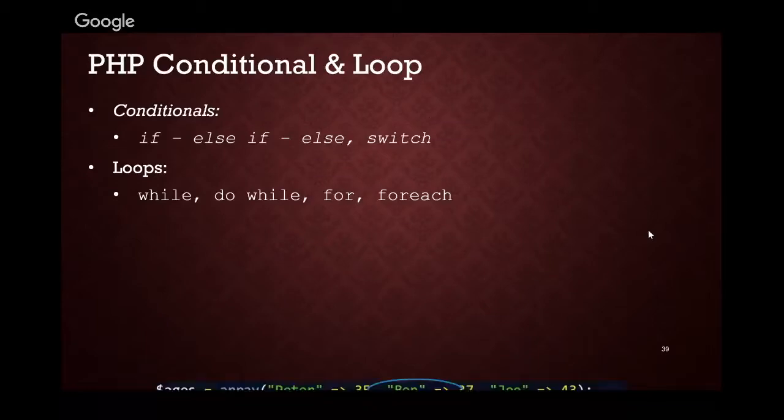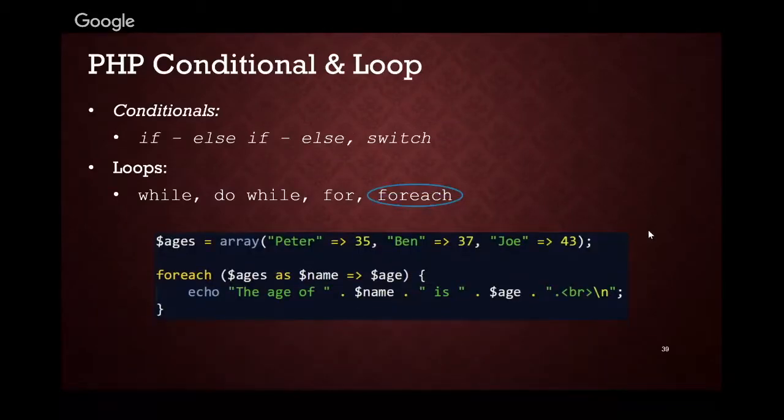Okay. For each, you will use foreach to iterate over an array, and the array of course includes the associative array. It's kind of like the iterator interface in your Java.